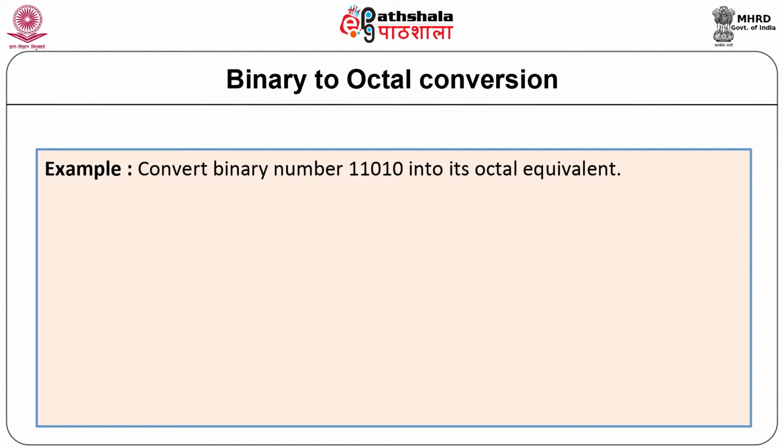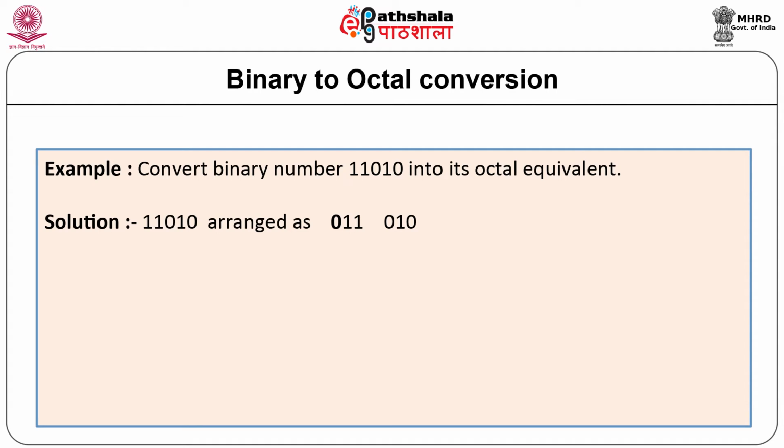Let us consider conversion of binary number 11010 into its octal equivalent. In this method, first the binary number is arranged in groups of 3 bits from right to left. If the binary number is not completely in groups of 3 digits, sufficient zeros are added to the leftmost side of the number.